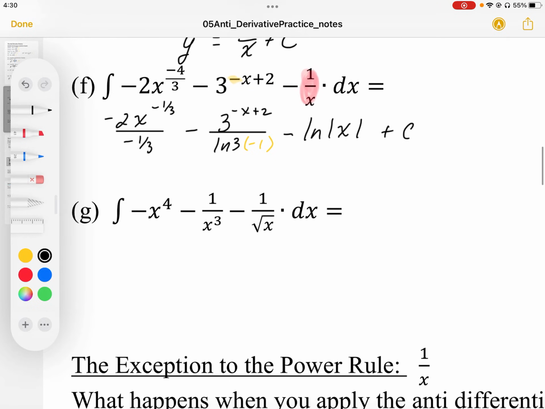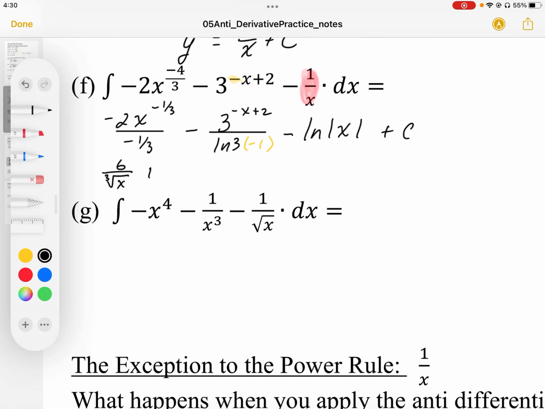We should really clean up this algebra, so the negatives in the first term are going to cancel. Divide by 1/3 is the same as multiplying by 3, so I end up with 6. And then because it is a negative power, that should end up in the denominator. So I'm going to end up with 6 in the numerator over x to the power -1/3, or the cube root of x.